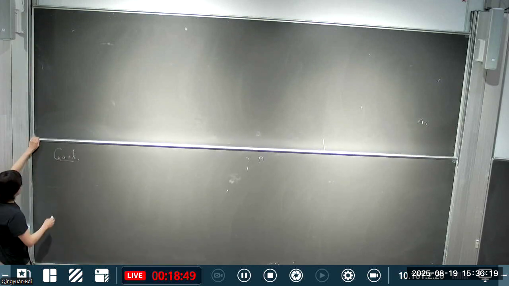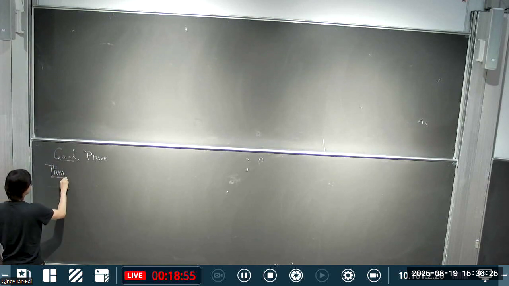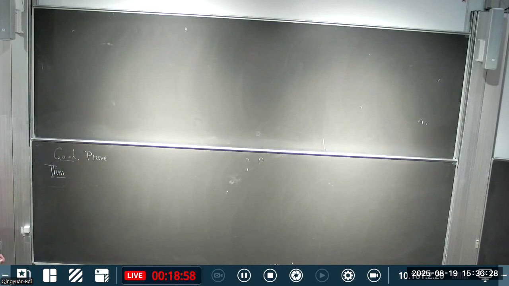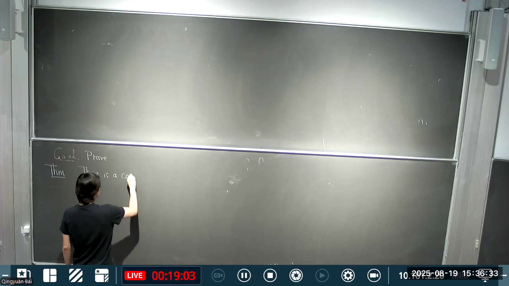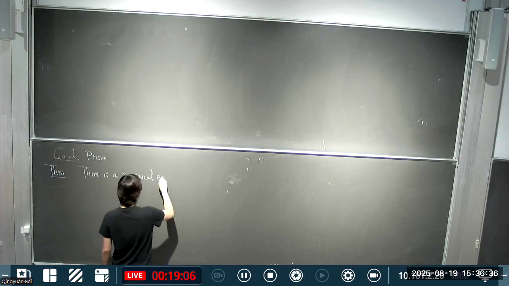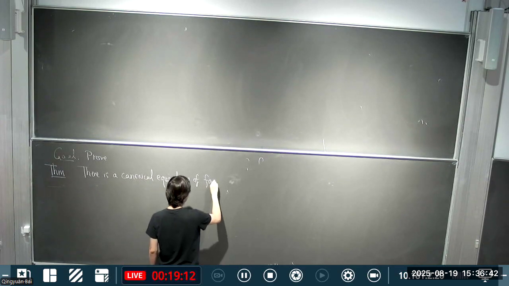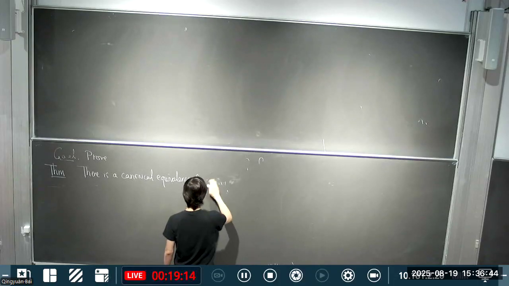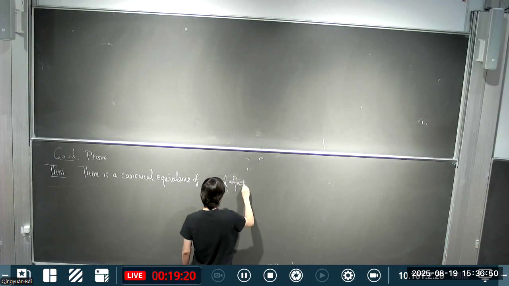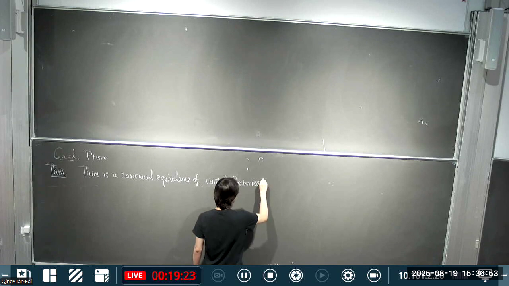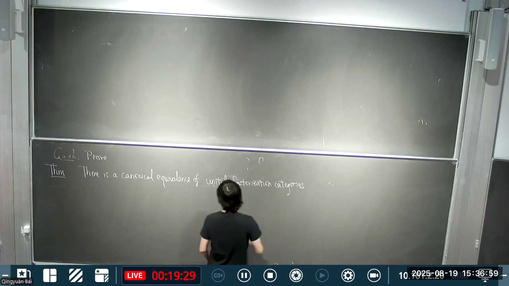So the goal is to prove the following theorem. This theorem combines every word that has been said today. There is a canonical equivalence of factorization categories, unital factorization categories. Between what and what?